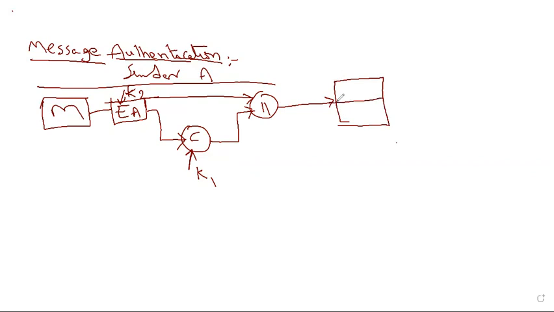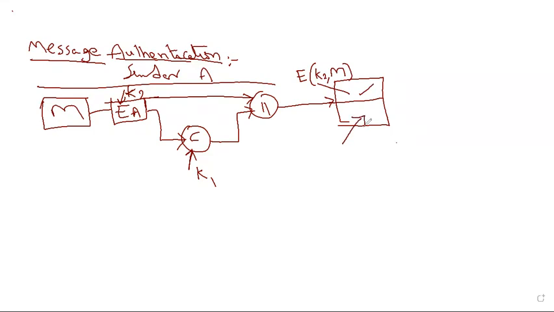So the receiver receives the encrypted message. How can we represent this symbolically? Let the encryption algorithm be E. The encryption algorithm takes the message as input, and another input is K2, right? So this is the representation of the received message.